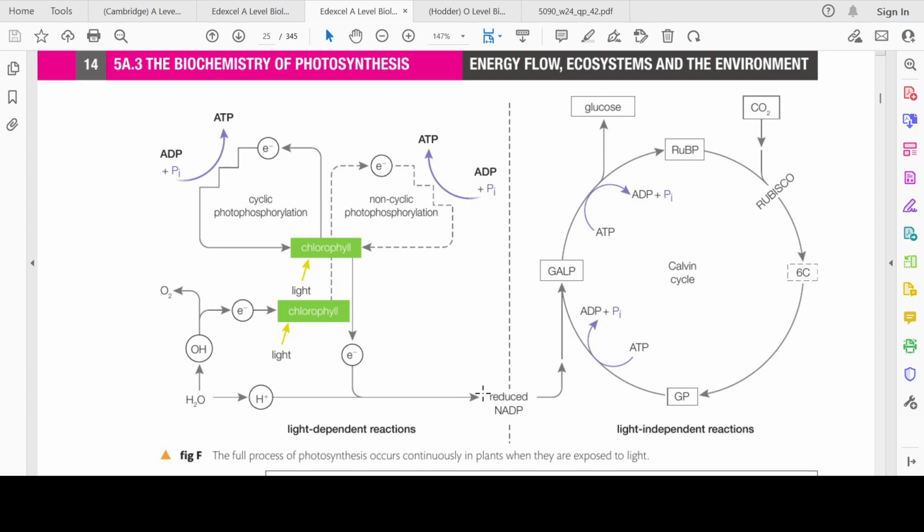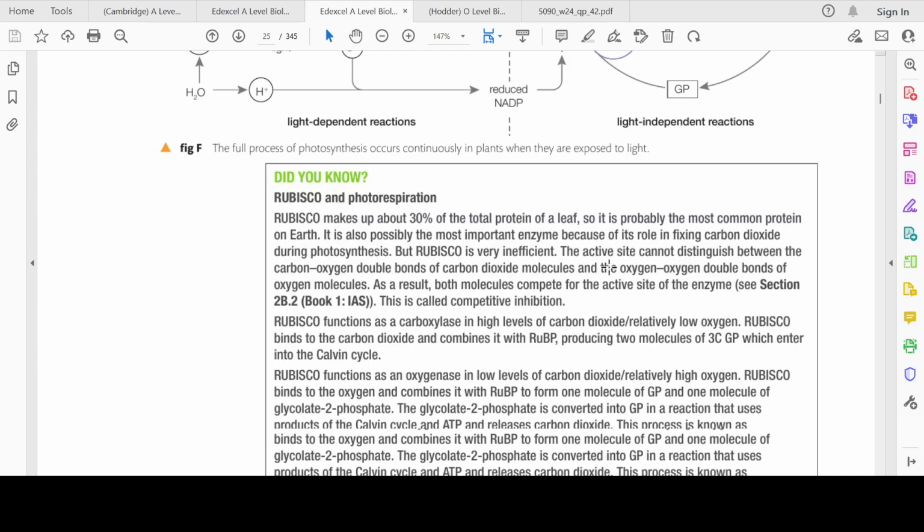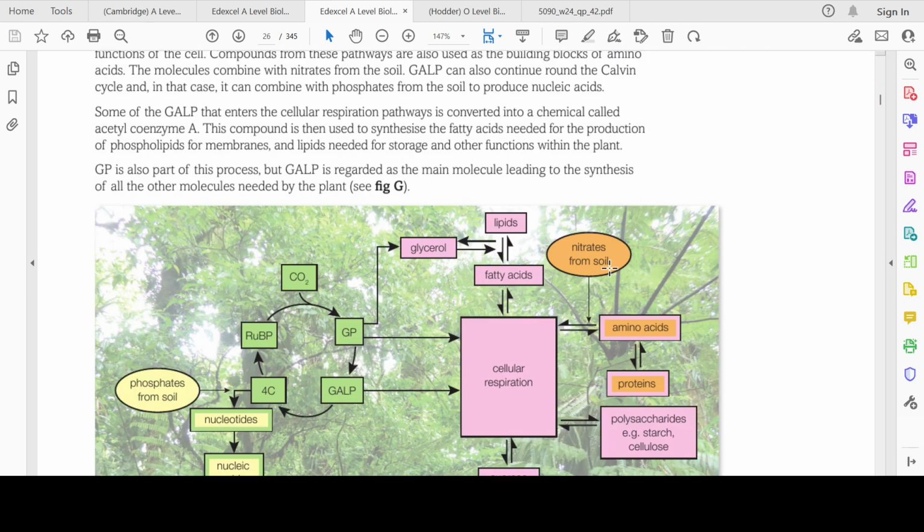All of that happening, and then the reduced NADP and the ATP feeding into the Calvin cycle. And the Calvin cycle happening over here. ATP is utilized, most of the GALP is going back to forming ribulose bisphosphate, and some of it is removed to make glucose, among other products.